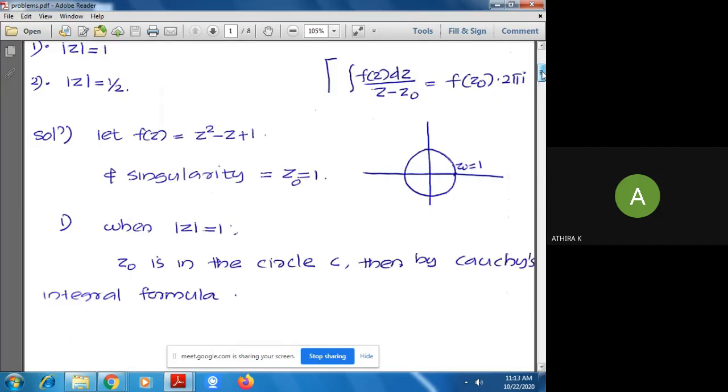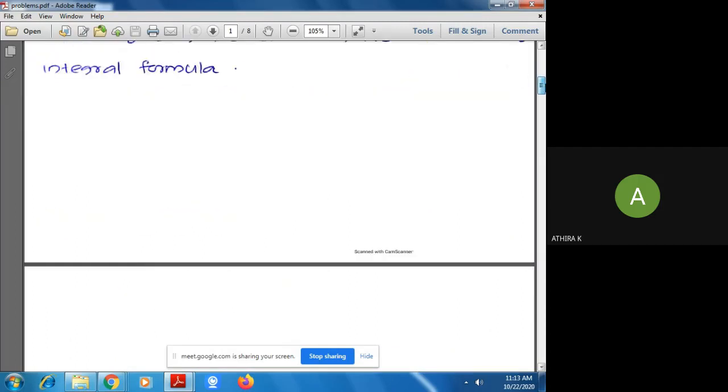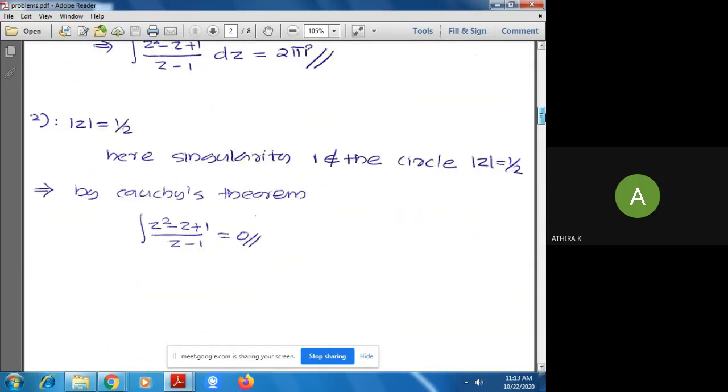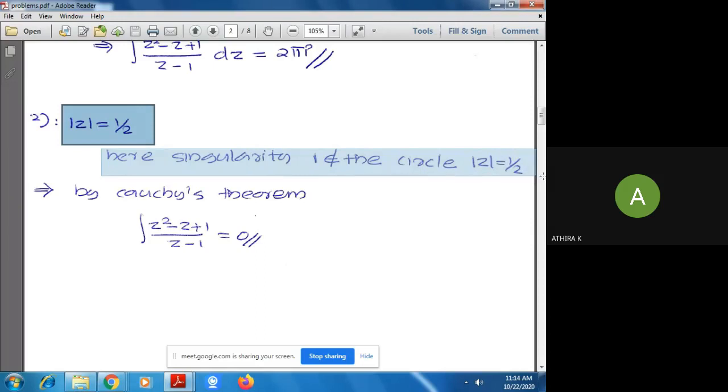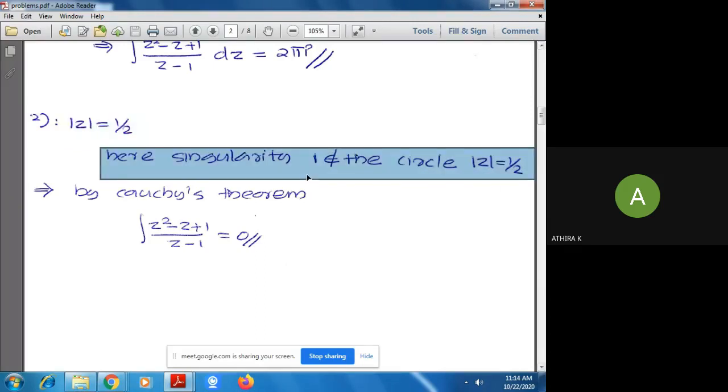Is it clear? Please respond. We know that mod z is equal to 1 by 2 here. Singularity 1 does not belong to the circle mod z is equal to 1 by 2. That means our f of z is analytic throughout the circle mod z is equal to 1 by 2.